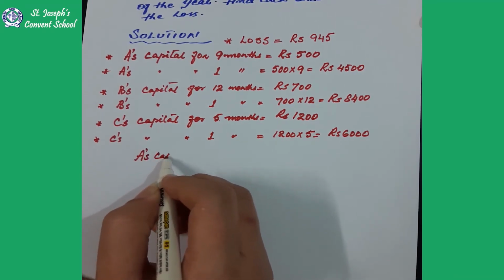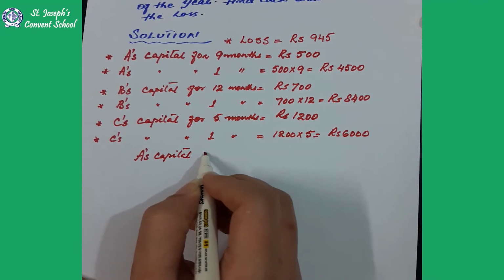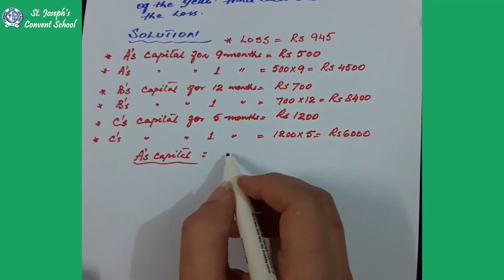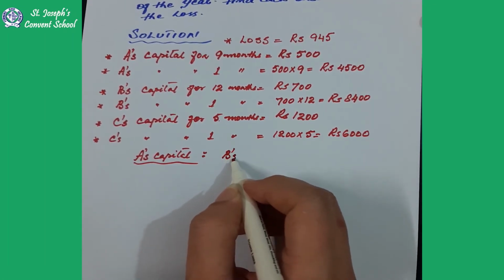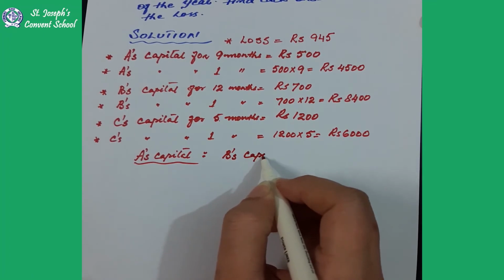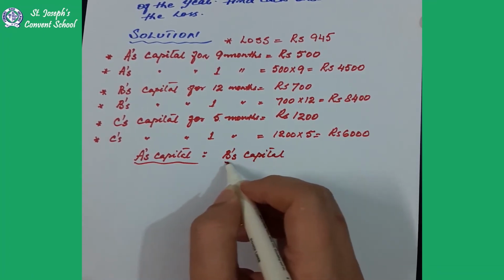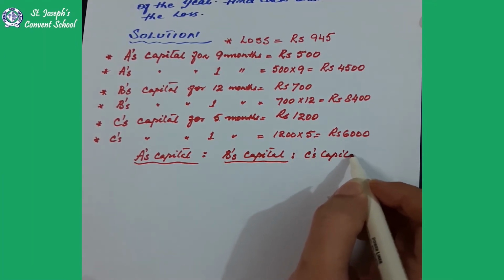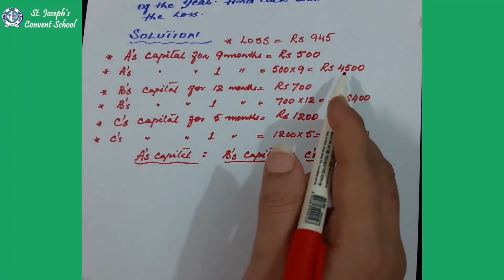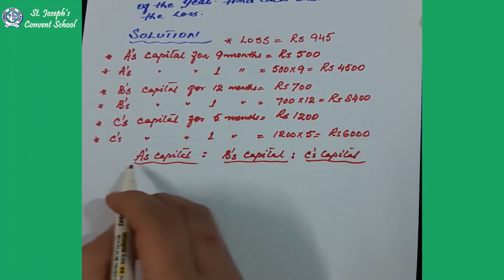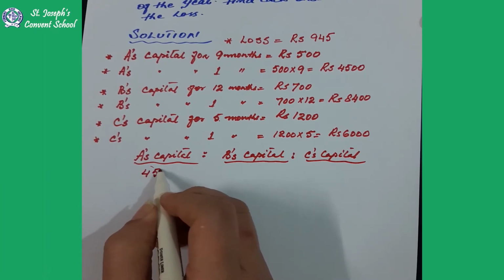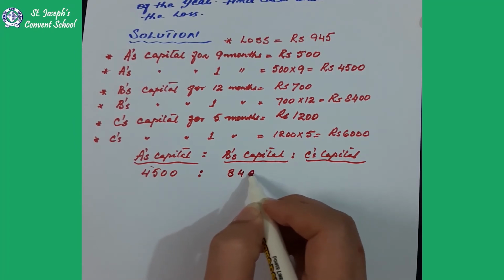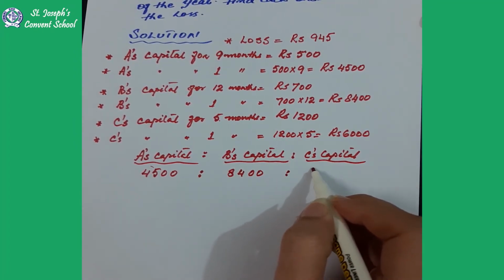A's capital ratio, B's capital and C's capital. So we'll write all three ratios: 4500 is to 8400 is to 6000.